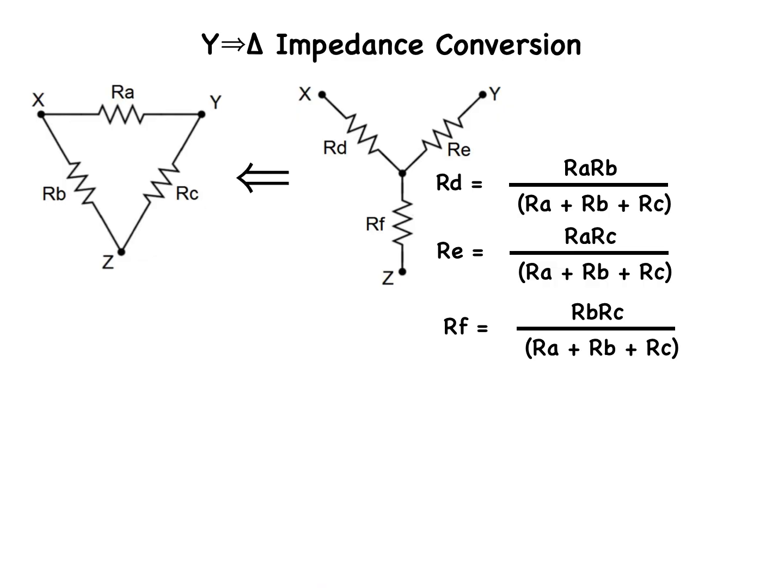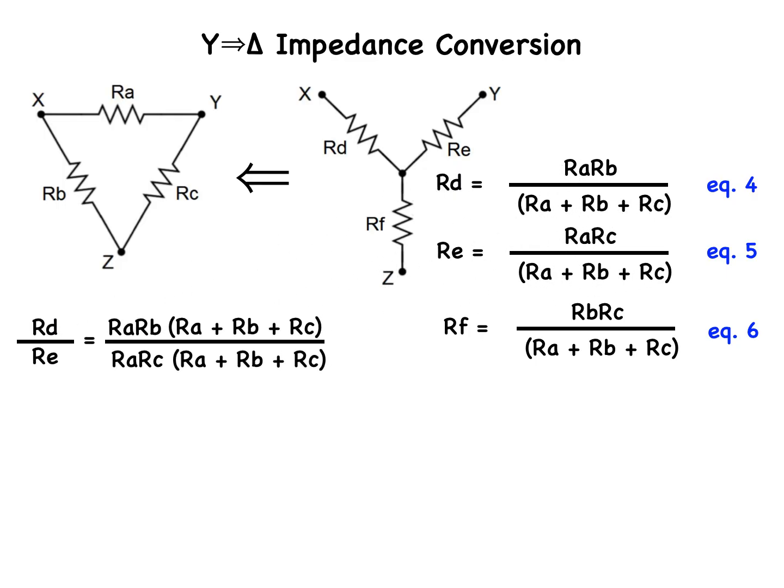For the reverse process of converting Y to delta, we start with the expression for RD, RE, and RF in terms of RA, RB, and RC, and we will designate them as equations 4, 5, and 6. If two of these equations are divided, a single equation for RA, RB, or RC will result. For example, using equation 4 and 5 gives us this equation.